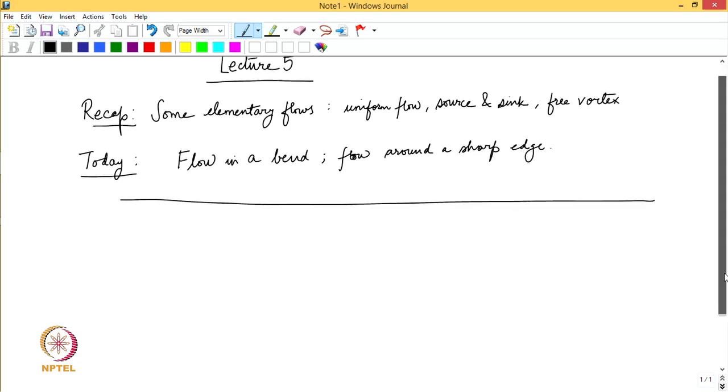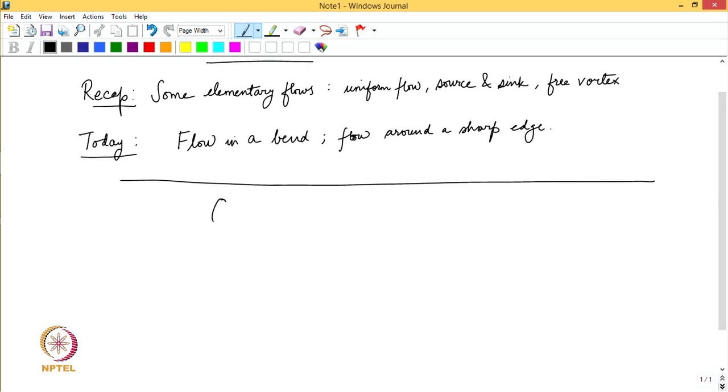So, let us begin, and let us start with a very simple complex potential. So, let us consider complex potential f of z, which I am going to define as u times z to the power n, where n is a number which is greater than or equal to 1, it need not be an integer, and let us say u is a real valued number and it is greater than 0.